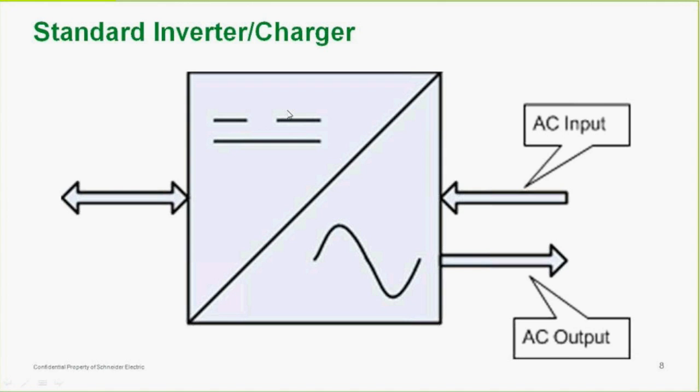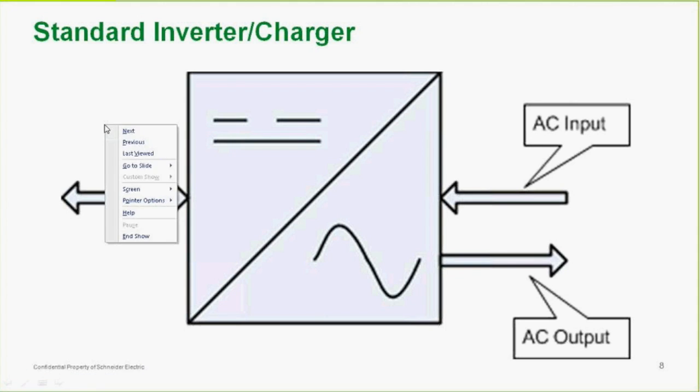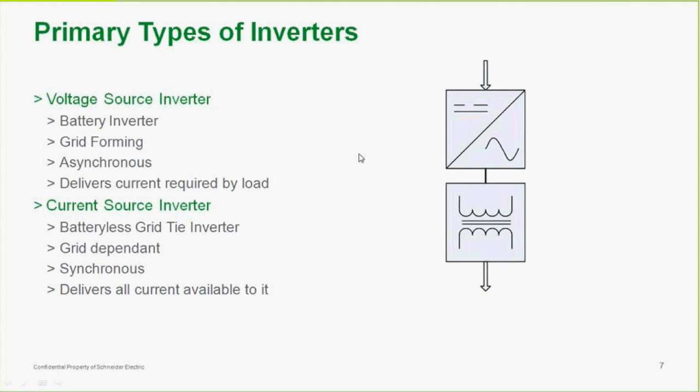If I bounce back a couple screens here, let me move this out of your way. If we move back a couple screens to the previous one, we look at the basic block diagram of an inverter. I forgot to mention this earlier: the basic block diagram of an inverter is we bring the DC in, we create an AC waveform out of it using switching, which is solid-state devices, and we put it to a transformer to bring it up to our desired voltage.